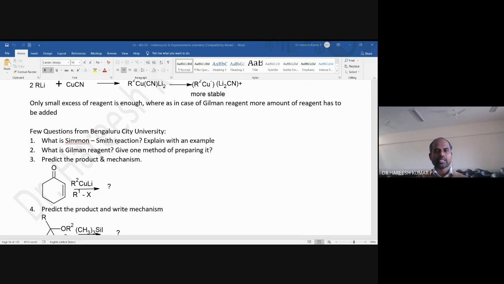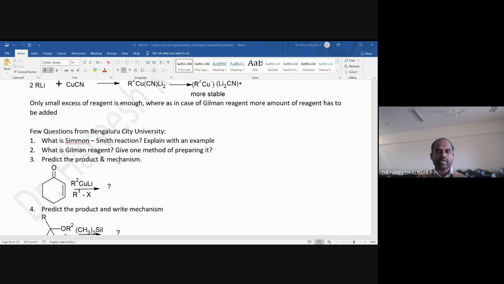So what is Simmons-Smith? Iodomethyl zinc iodide is nothing but the Simmons-Smith reagent. So when it reacts with a double bond, cyclopropanation occurs, and that reaction is called the Simmons-Smith reaction. So you have to take an example and explain.